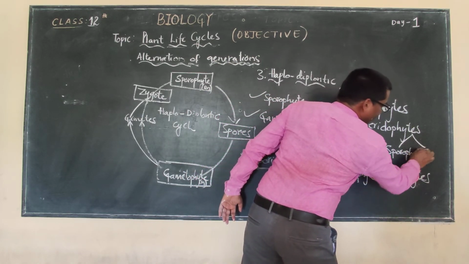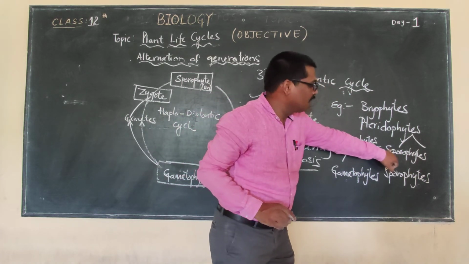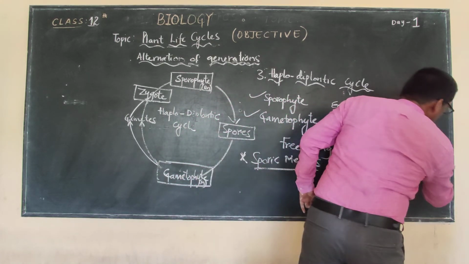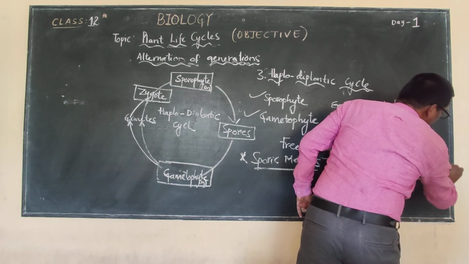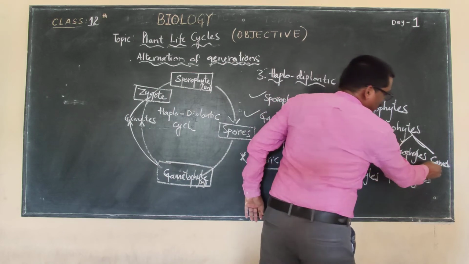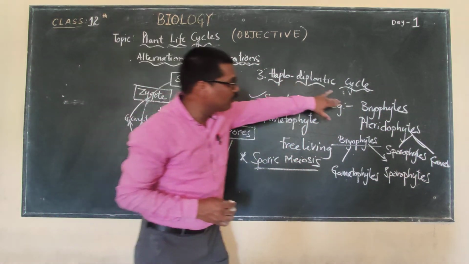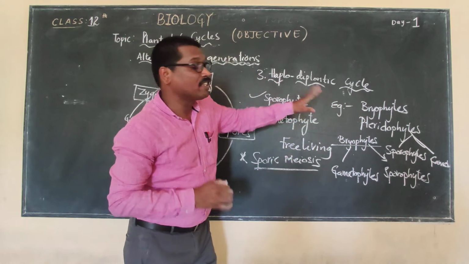Please remember these points, which are very important. In pteridophytes, the sporophyte is the dominant phase, whereas the gametophyte will also be independent. And these two are free living, we are saying. So bryophytes and pteridophytes are the best examples.